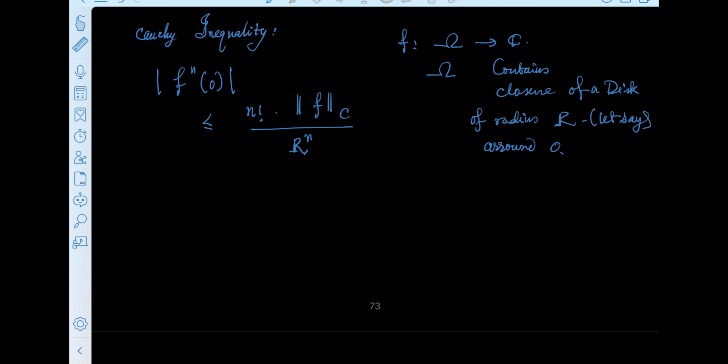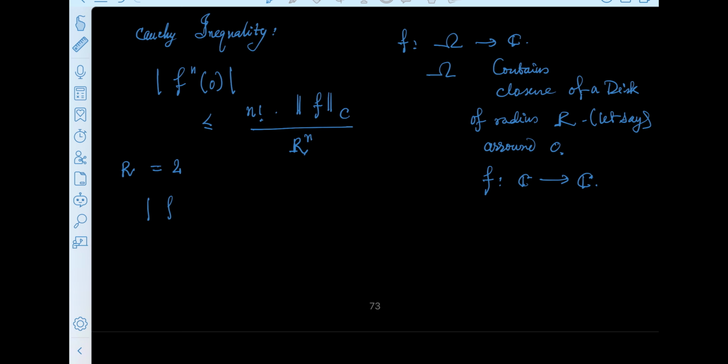Okay. So as f is entire, a function from C to C, choose r to be 2, because the complex plane contains every circle with center 0.